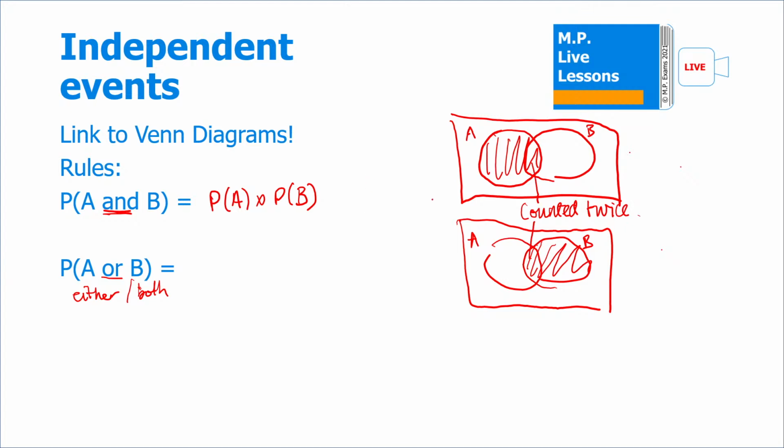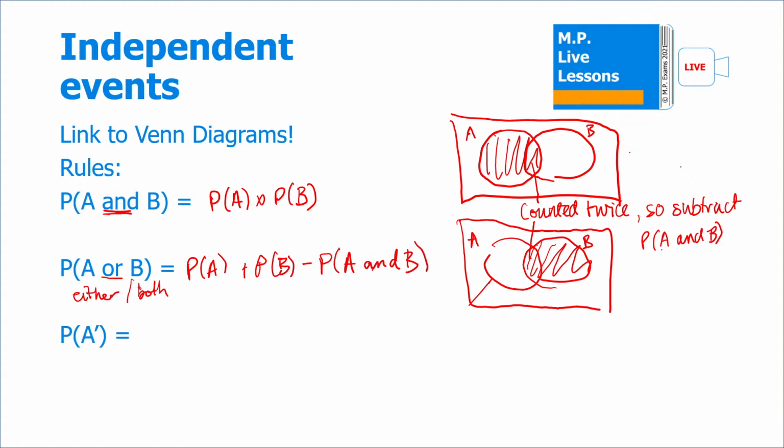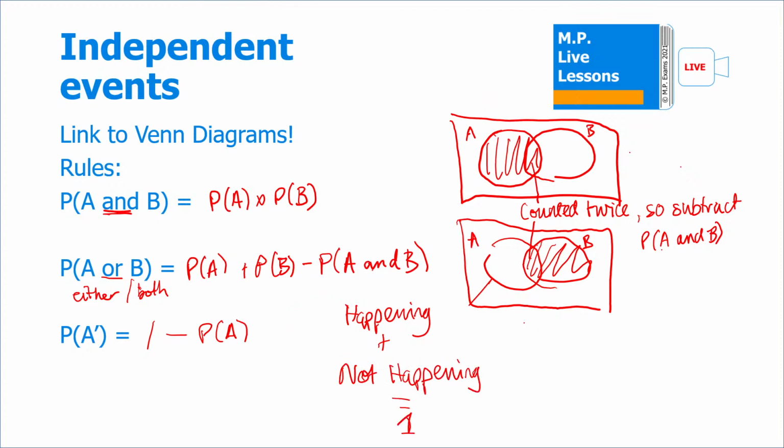So we need to subtract, so what it really is, probability of A plus the probability of B, we take away one lot of that intersection, so probability of A and B. And this dash just means of it not happening. And these are mutually exclusive, so that's just 1 minus the event happening. Because you have an event happening plus not happening is equal to 1.